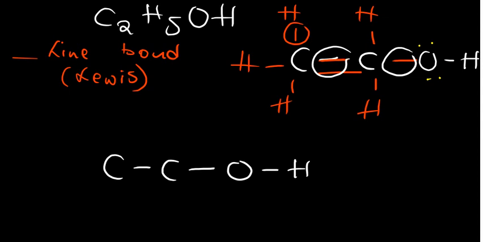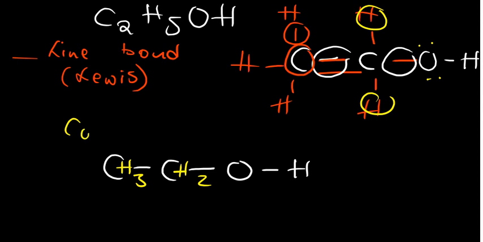If you look at the first carbon, it is connected to 3 hydrogen atoms, so I can show them there. Then the second carbon is connected to 2 hydrogen atoms, so I show them there. This is what we call our condensed formula. You don't have to show the separate chains, you just show the main chain. So this is called a condensed formula.